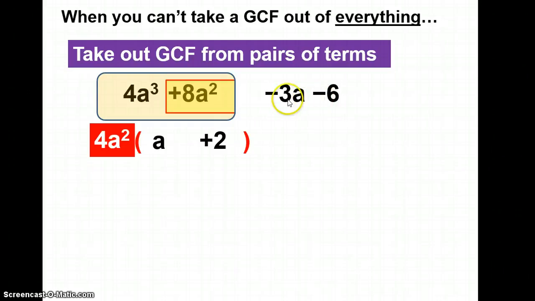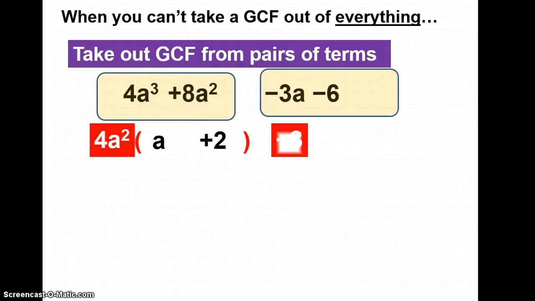Now, what do these two have in common? Other than they're both multiples of 3, what else do they have in common? Right, they have a negative 3 in common. I could divide that out right now. Not just the 3 and not just the negative, but both of those at the same time. So if I divide that by negative 3, what will I get here?